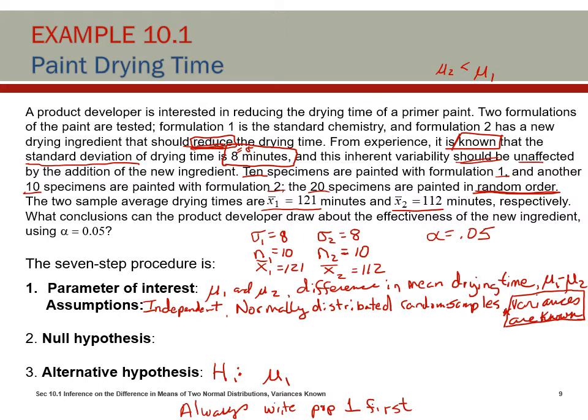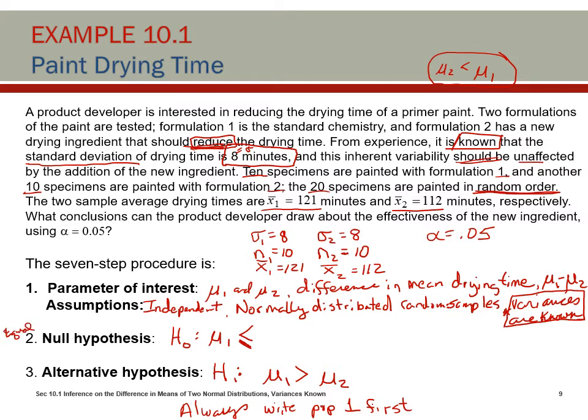Now, in the way we have written this up here, mu2 less than mu1, then that means mu1 must be greater than mu2. And our null hypothesis is just going to be the opposite of that: mu1 again, and instead of greater than, it's going to be less than or equal to mu2. Always put the equal sign in the null. It always contains the equal.